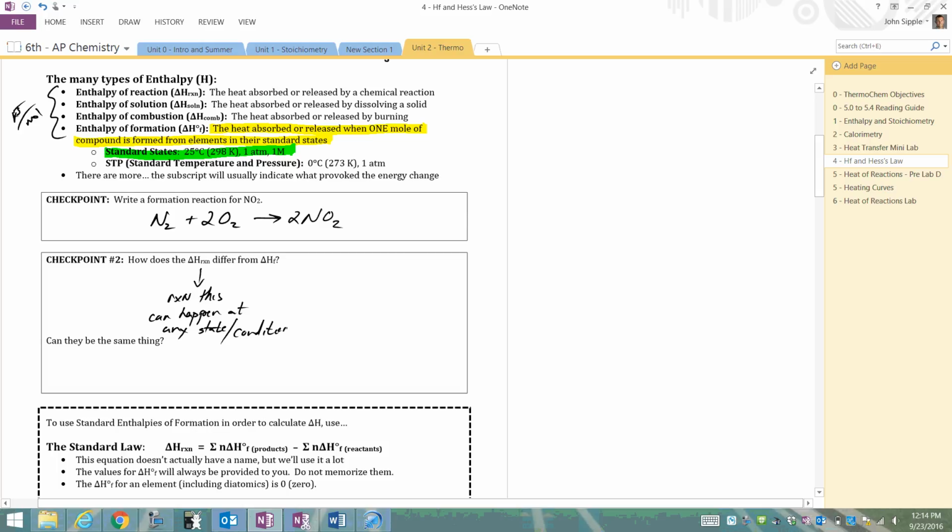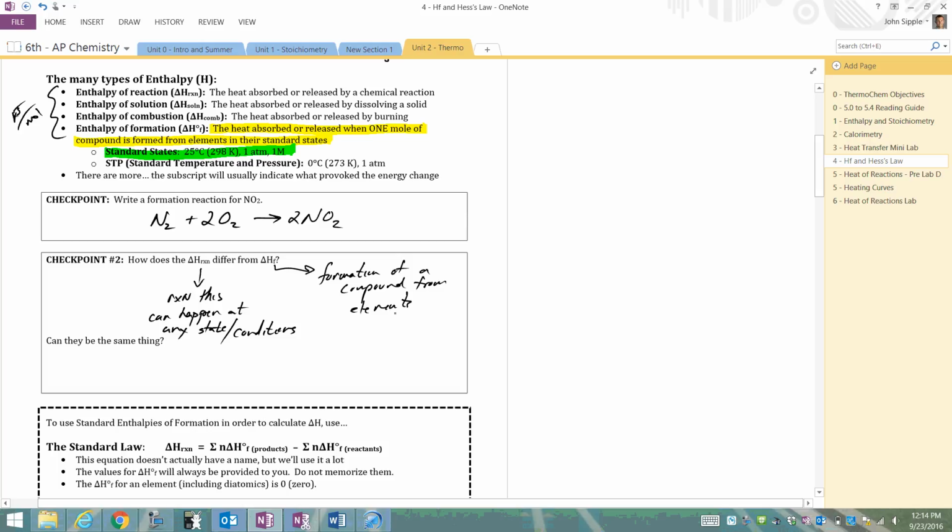We're not necessarily worried so much about that for delta H of formation. We're looking at formation of a compound from elements.